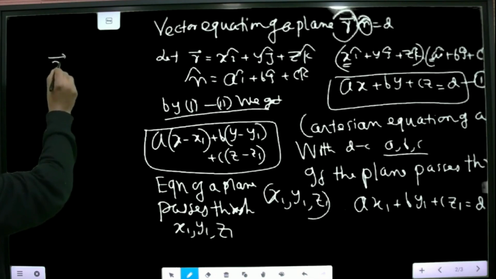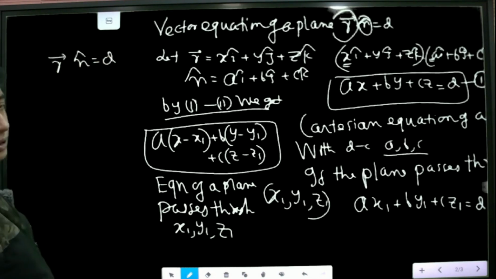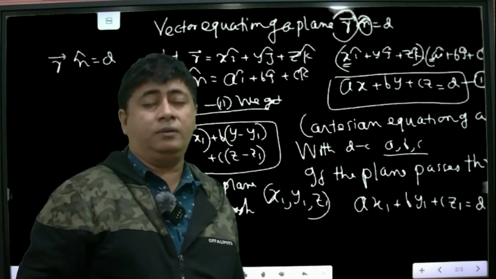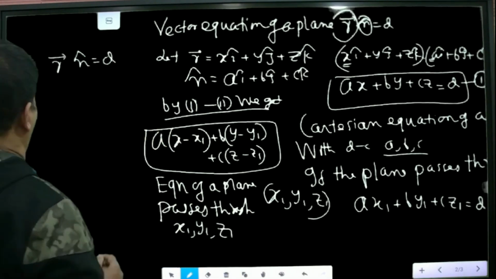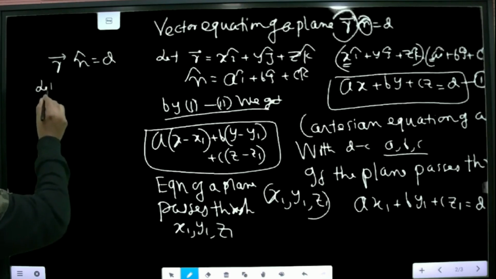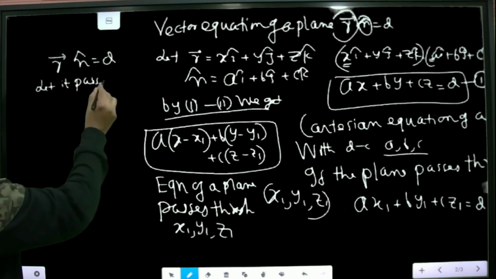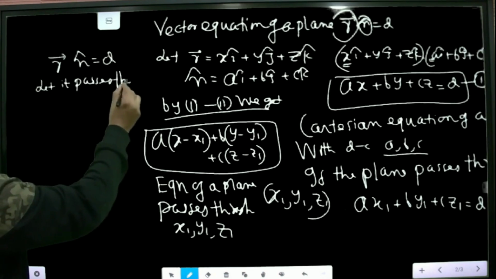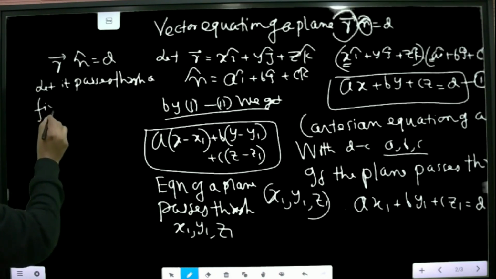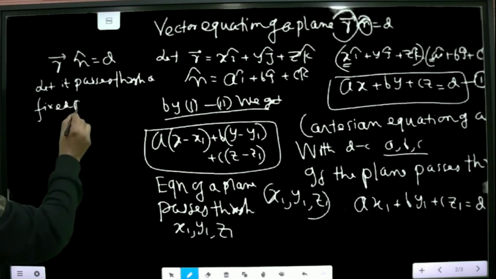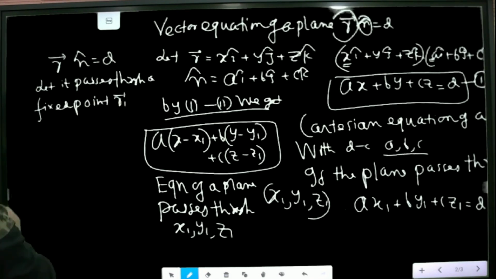In the vector equation of the plane, we have r dot n is equal to d. Now, it passes through a fixed point R1, say.